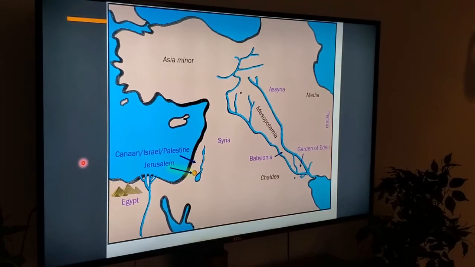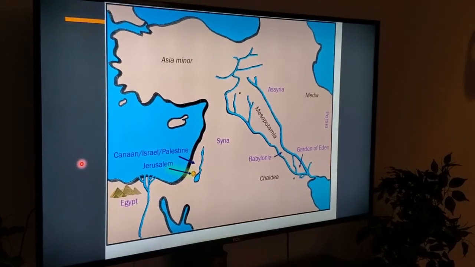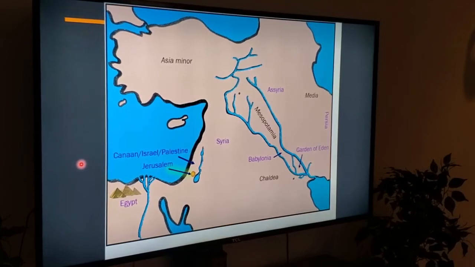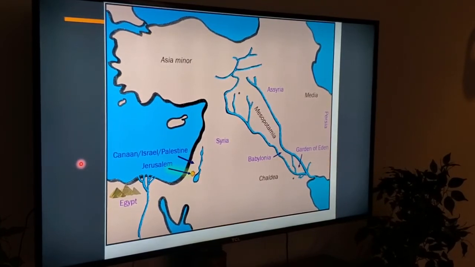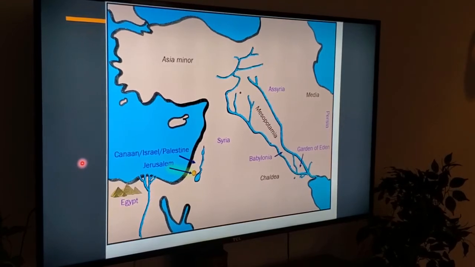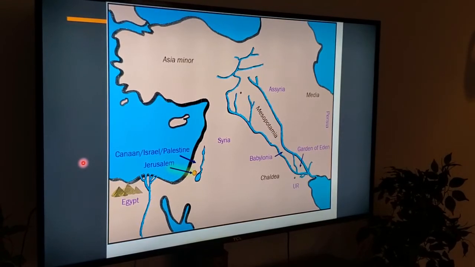And Syria. You hear a lot about the Syrians. And what came up? Oh, that little dot down on the bottom there, that's Ur. It's a city. Anybody remember what's special about Ur?